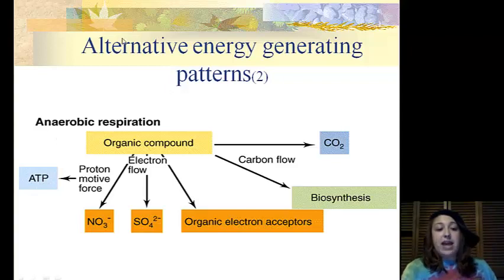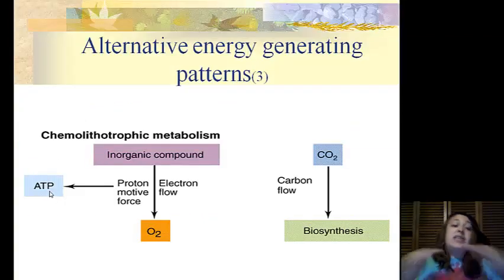So, we have nitrates, or sulfates, or other organic acceptors that can take in that electron. Now, what that means is we don't get as much ATP. So, this is a lot less ATP, so a lot less efficient. But hey, it's better than none.